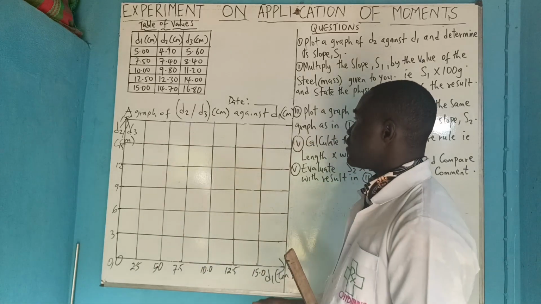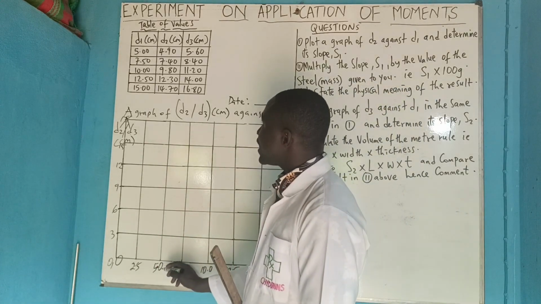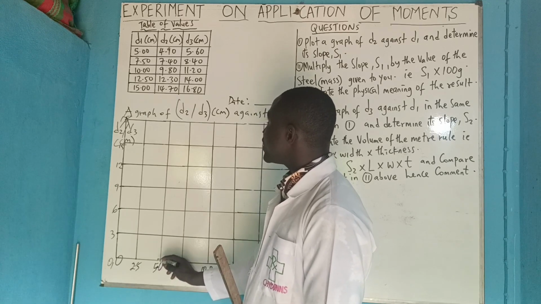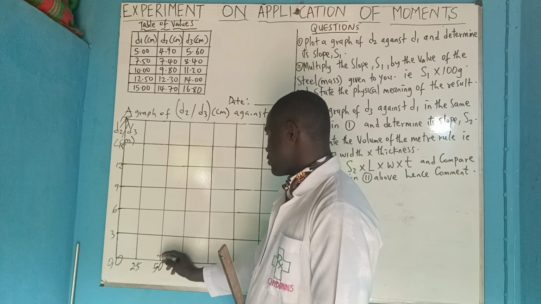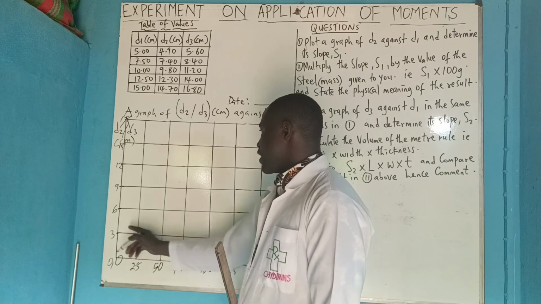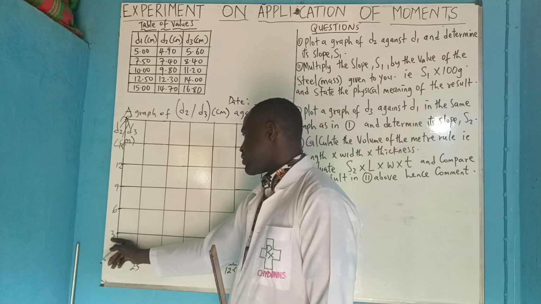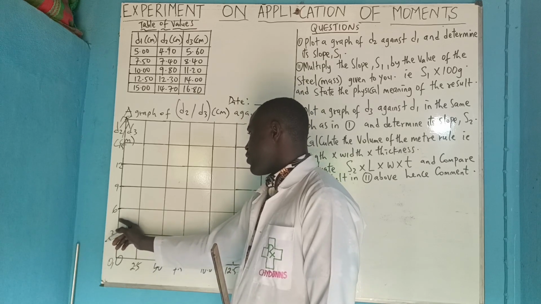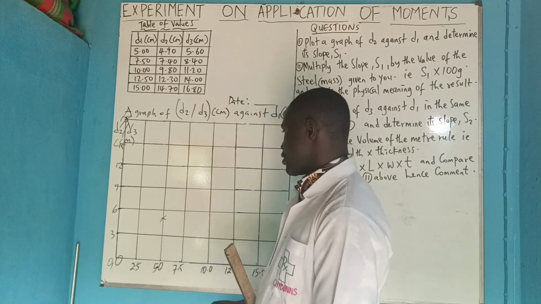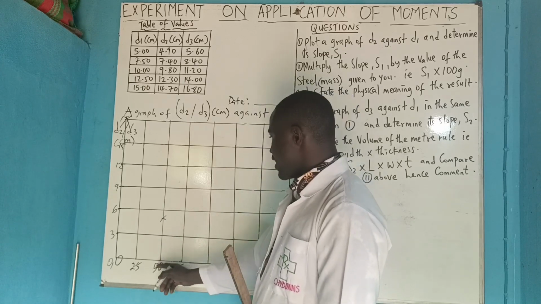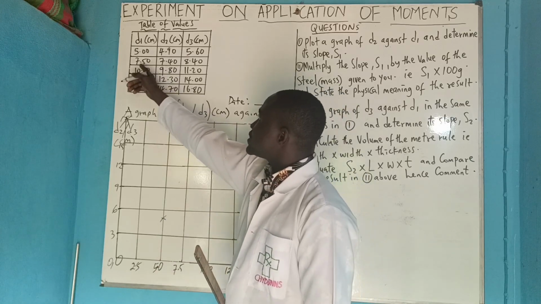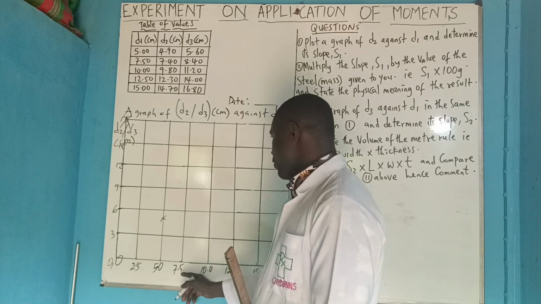Now we locate our values. 5 against 4.9. 4.9 will be around here. If here is 6 and here is 3, in between there will be 4.5. Then 7.5 against 7.4.